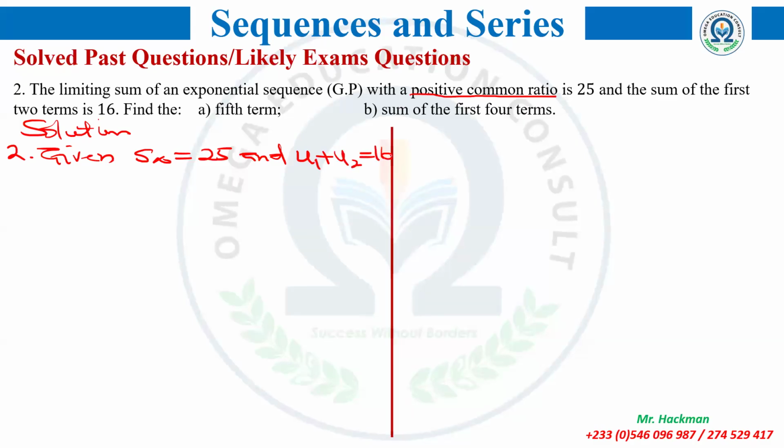All correct. That whole statement in English that we have there, that's what we have extracted mathematically. So at this point, we use the first statement to generate the first equation and the second statement to generate the second equation.